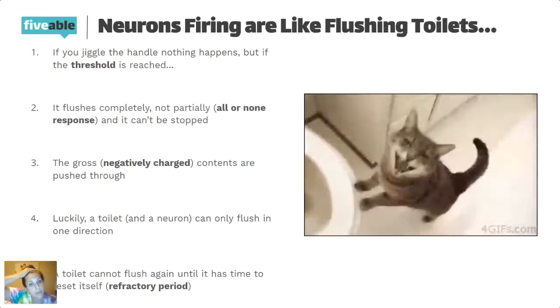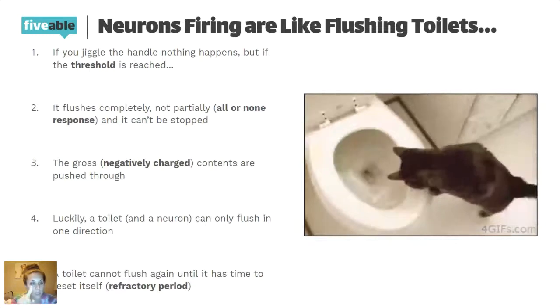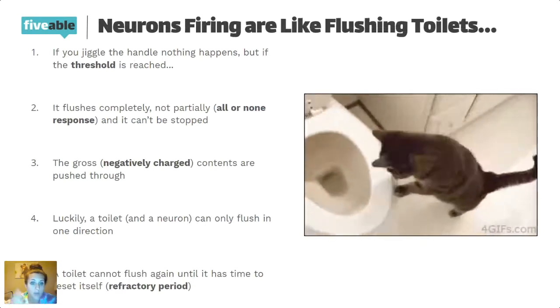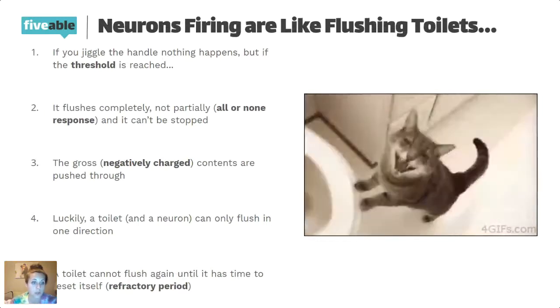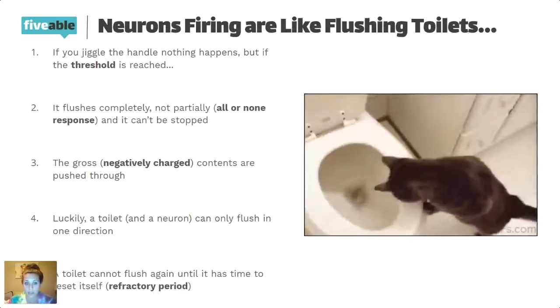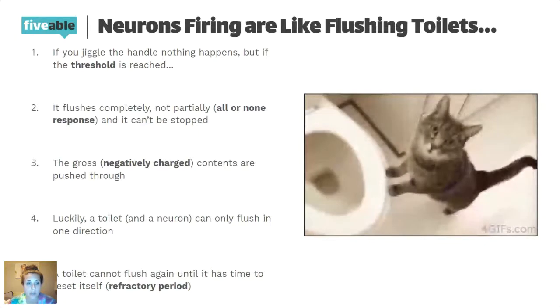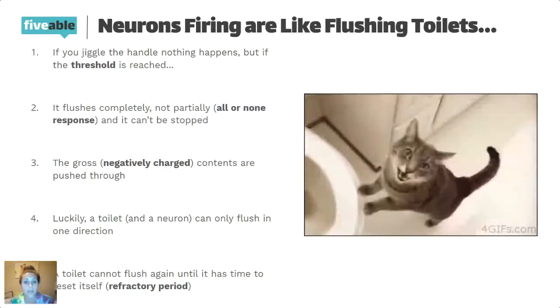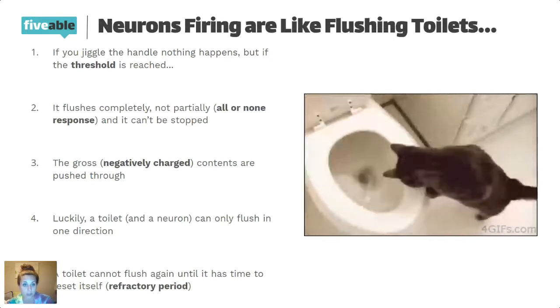And if you think about that, think about a toilet handle. If you just push it a little bit, it doesn't flush, right? You have to push it a certain amount for a toilet to flush. So a neuron and a toilet are very similar in that regard. You have to give it enough pressure or reach a certain threshold for it to fire or to flush.